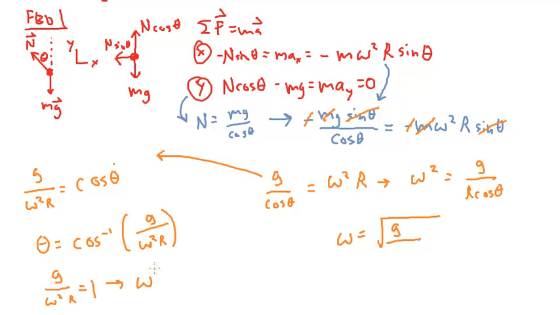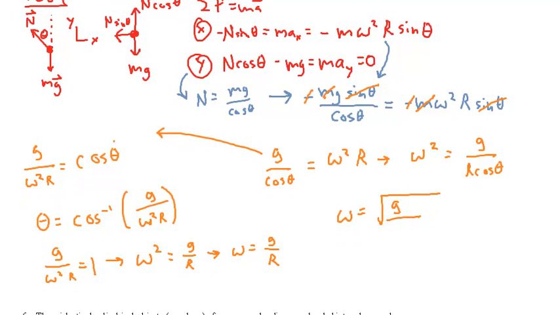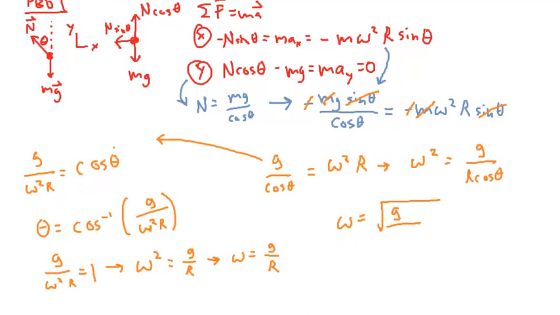Now, to answer the questions we had, we want to ask: is there a maximum possible omega and a minimum possible omega? The way to look at this is to ask what the possible values for cosine are.